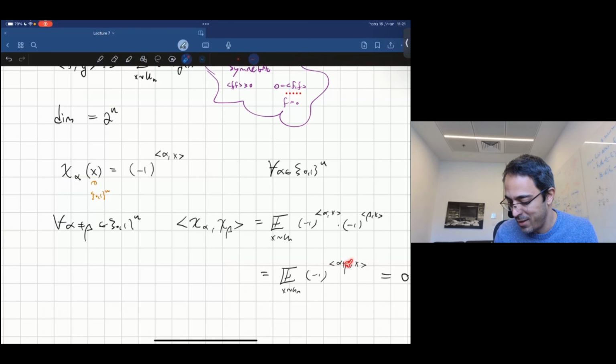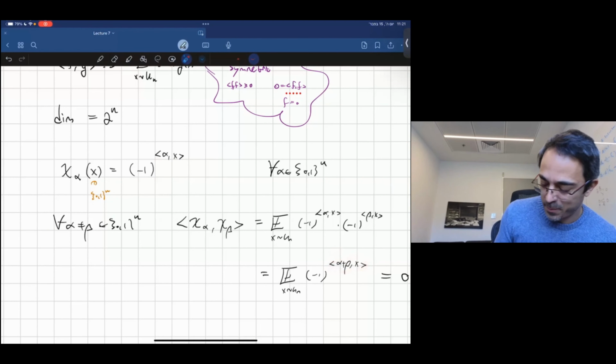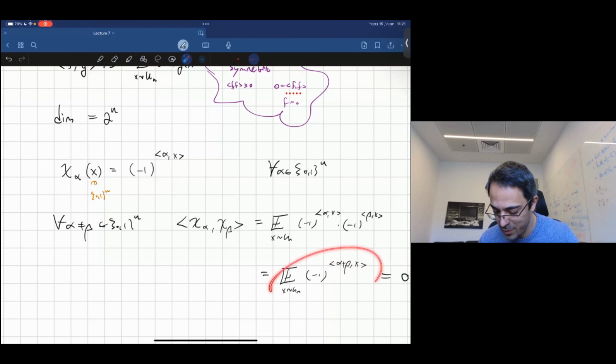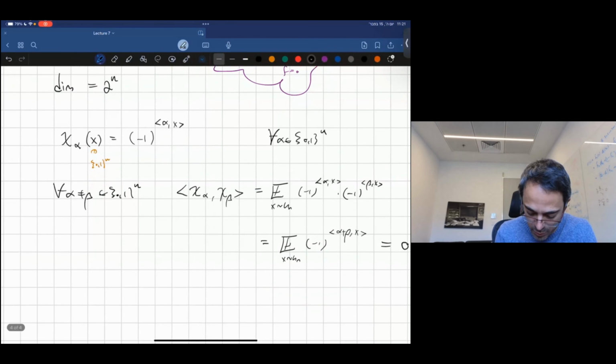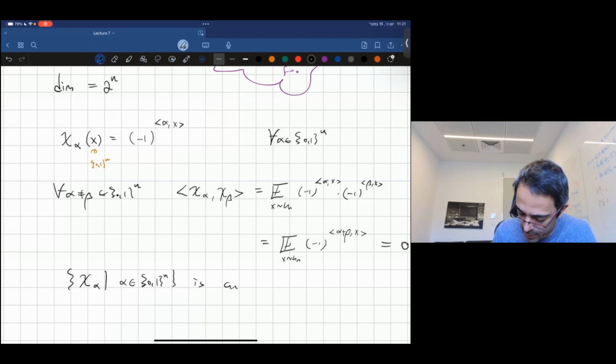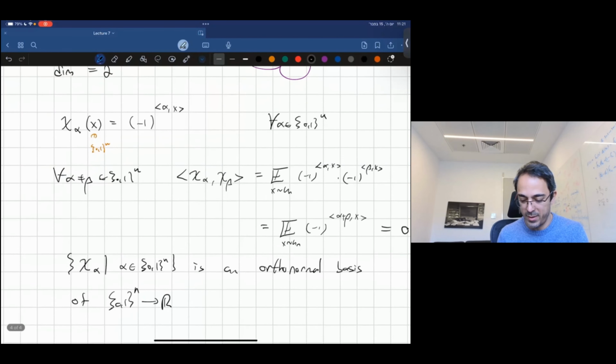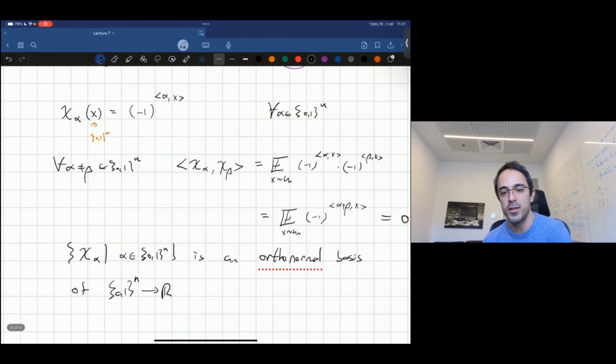If you put an alpha here, that's always 0, and so this thing is 1. So what I'm saying is that the set of chi alphas is an orthonormal basis of the set of functions from 0, 1 to the n to the reals.